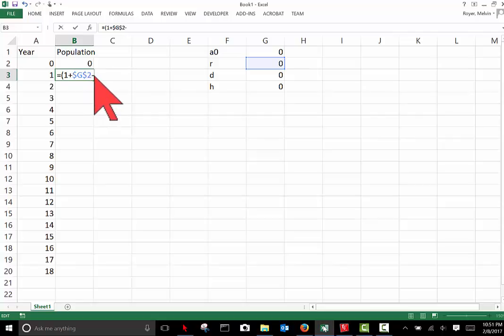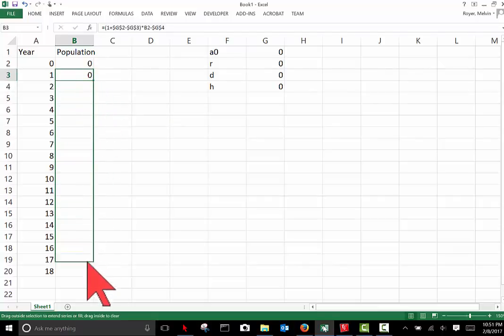Then minus the death rate. That's also absolute addressing. That gets multiplied times the previous year's population, which should be a relative address, and then finally minus the hunting parameter, which I want to be an absolute address, like this. Okay. And then drag this down.